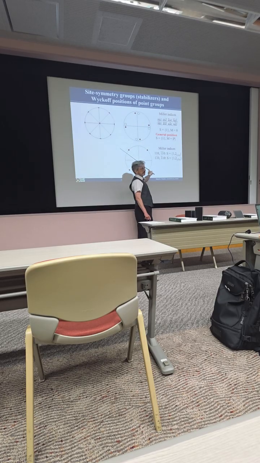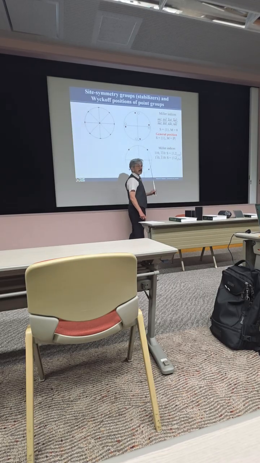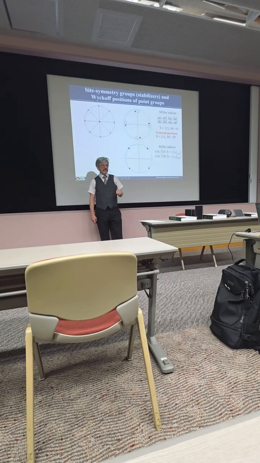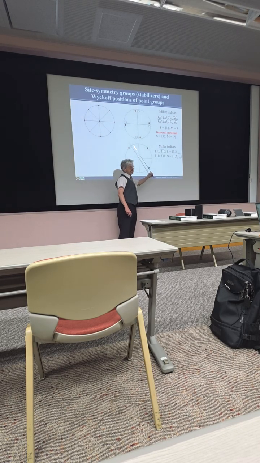They are on the axis, so the axis does not change, does not move. But it moves this, exchanges this and that. These 2 are fixed by the identity and the 2-fold rotation about the other diagonal. So these are different groups because one of the 2 operations is different. It's a rotation about this and a rotation about that. So it's not the same group.